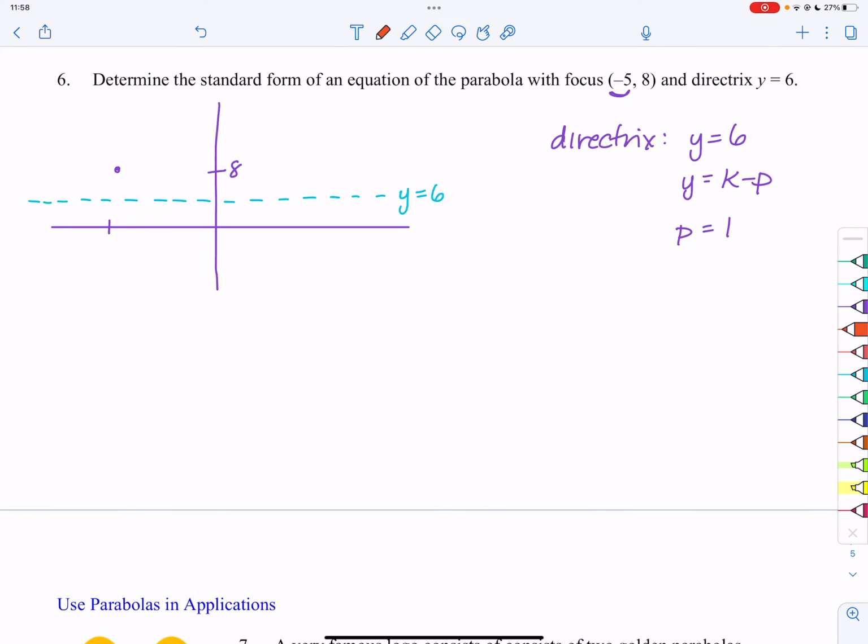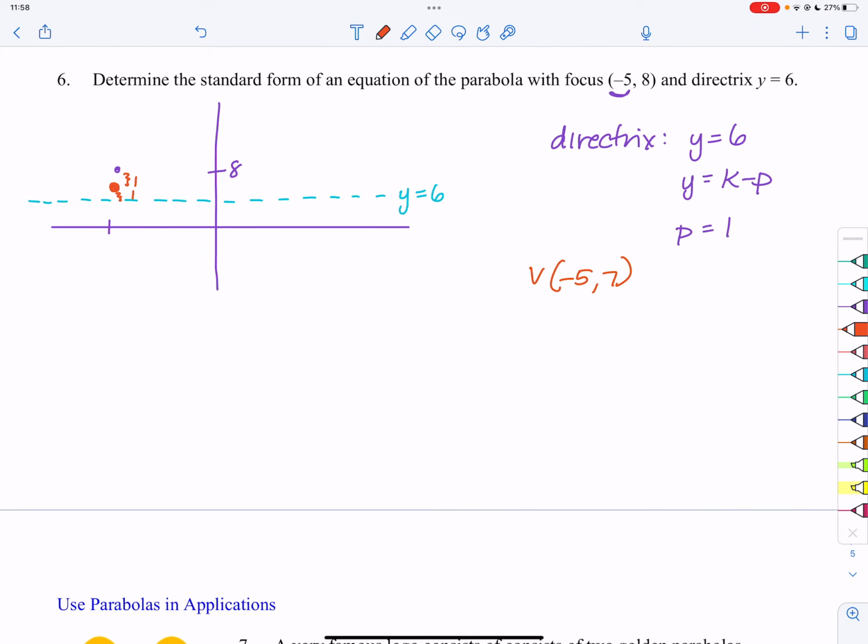So we have a distance of 1 here and 1 here. So we know right here is going to be our vertex, which is (-5, 7), since we have a distance of 1 here and 1 here.